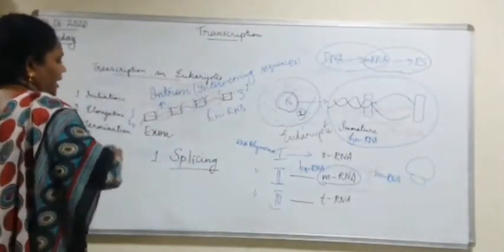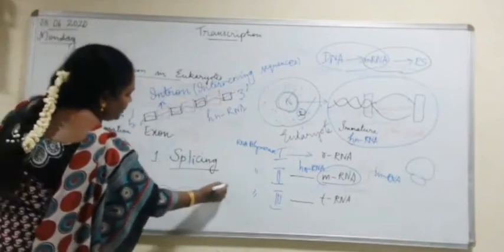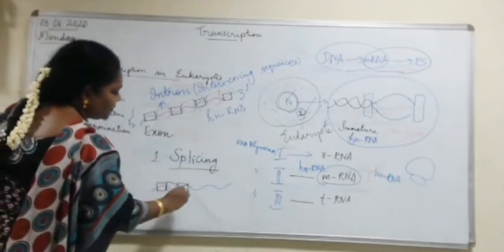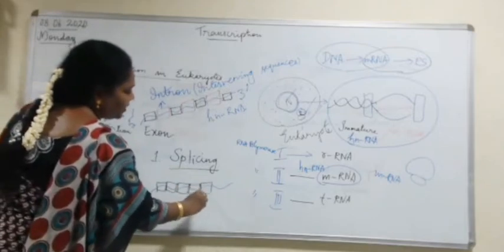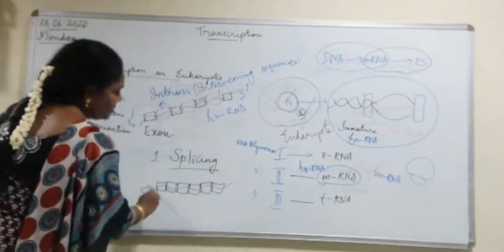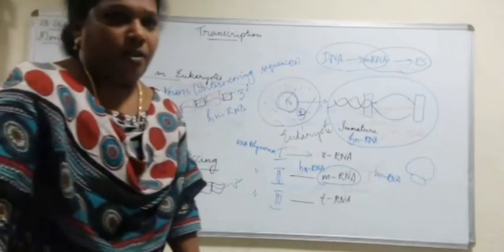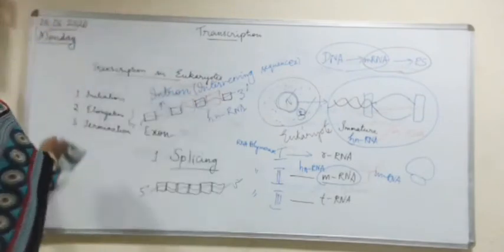Now once it is removed, after splicing, only the exons alone will be present. Have you understood? So this is the first step. Then next step is what?